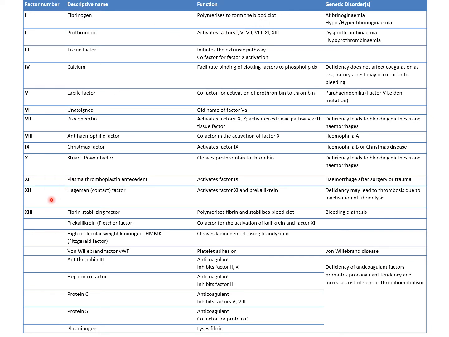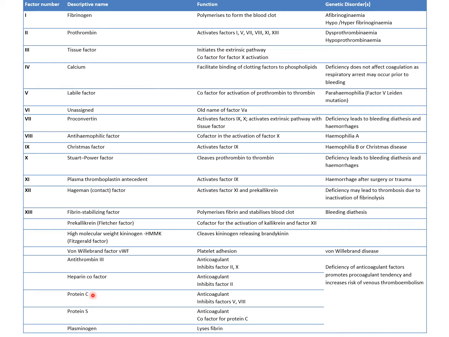You would also note that factor 13 is the fibrin stabilizing factor, which polymerizes activated fibrinogen into polymerized fibrin and stabilizes the blood clot. So you can read about all these factors and their function and genetic disorders associated with specific blood coagulation factors.